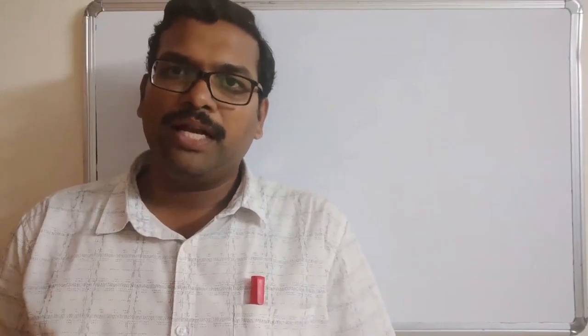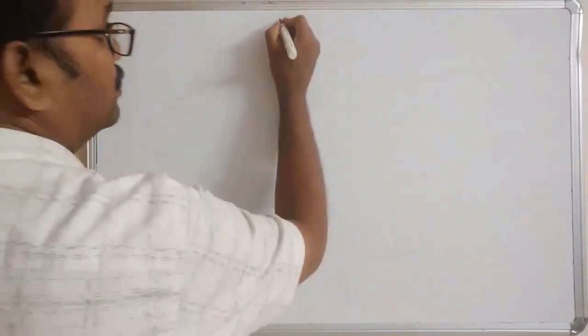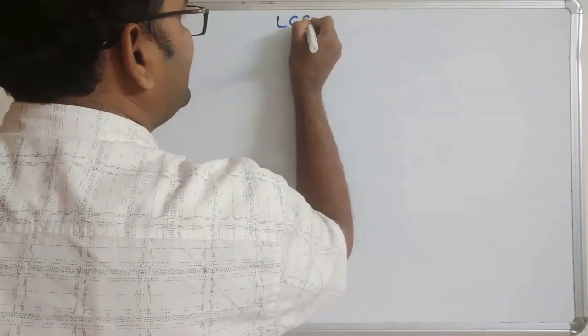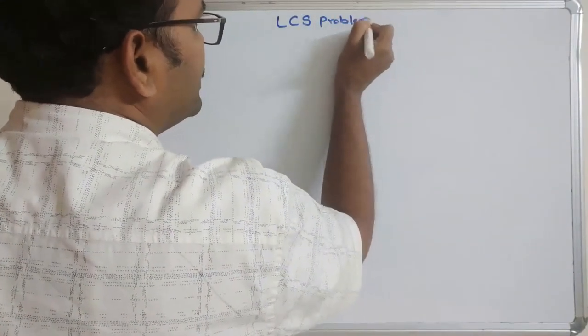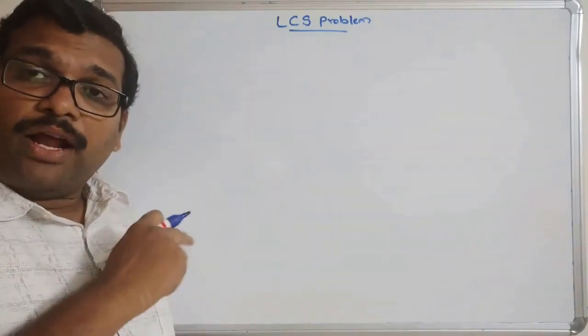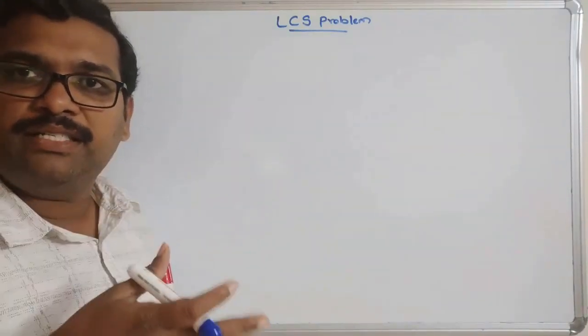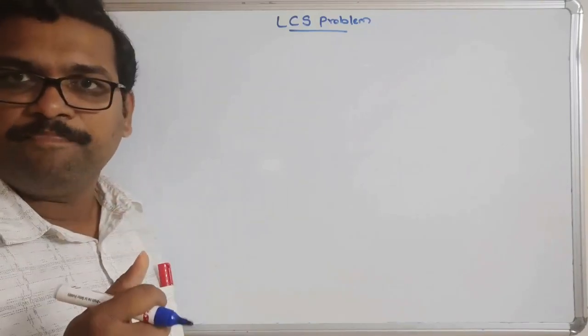Today we will see one more example on the longest common subsequence problem using dynamic programming. We usually call it the LCS problem. First we need to take two different strings and find what the common subsequences are.